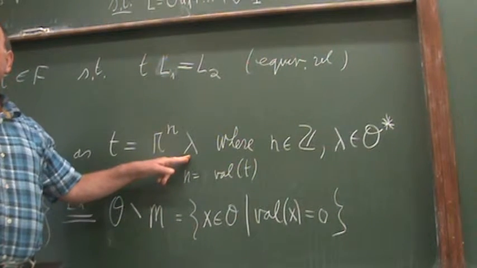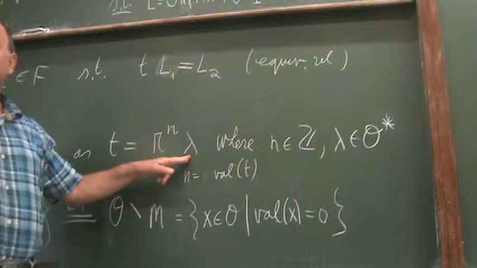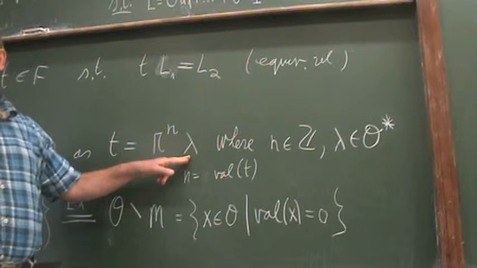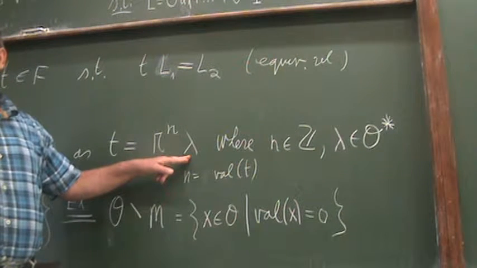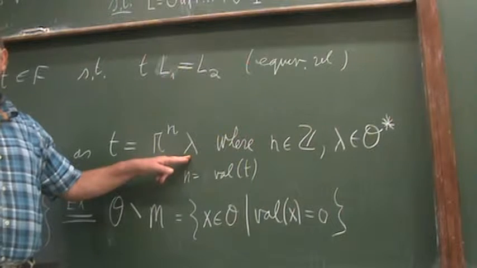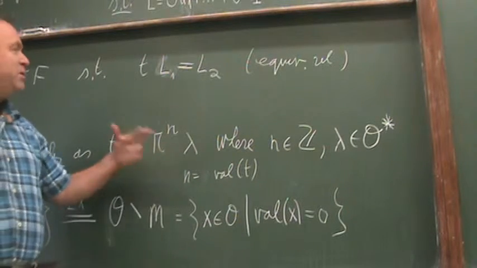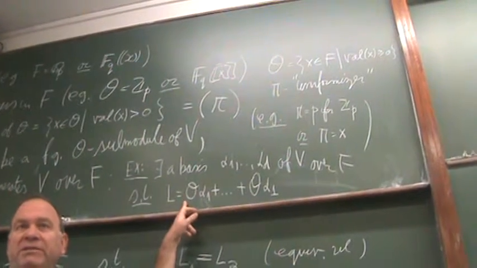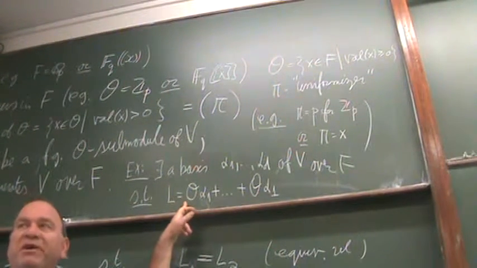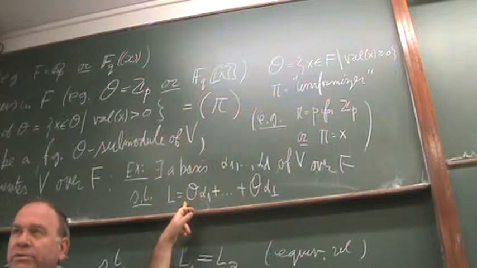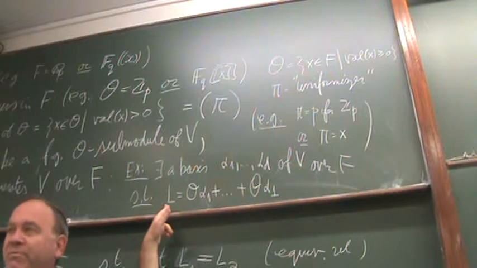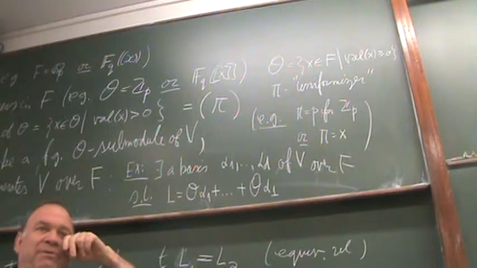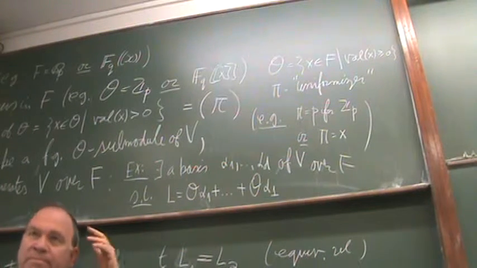And if I multiply a lattice by lambda, because lambda is an invertible element of O, then lambda L is always equal to L, because lambda times O is equal to O.